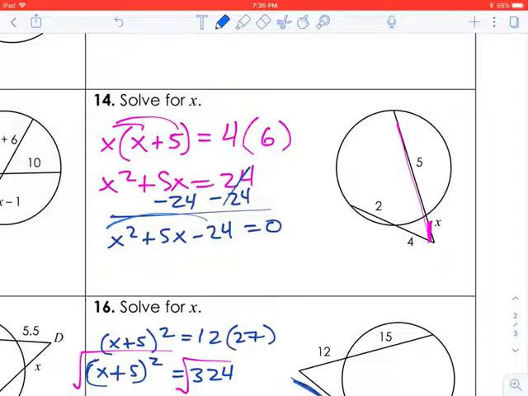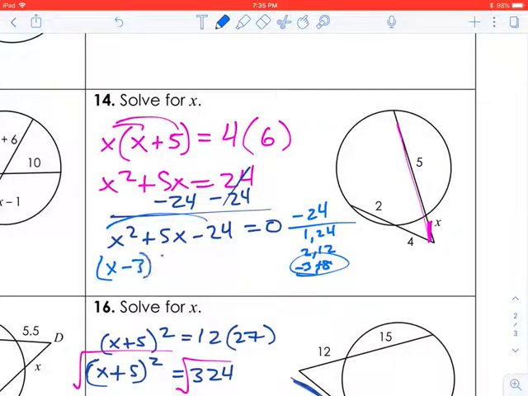So what two factors of negative 24 give us 5? 1 and 24 doesn't. 2 and 12 doesn't. 3 and 8 does. So it's positive 5, so I'm going to have negative 3 and positive 8. And so I've got x minus 3 and x plus 8 are my factors.